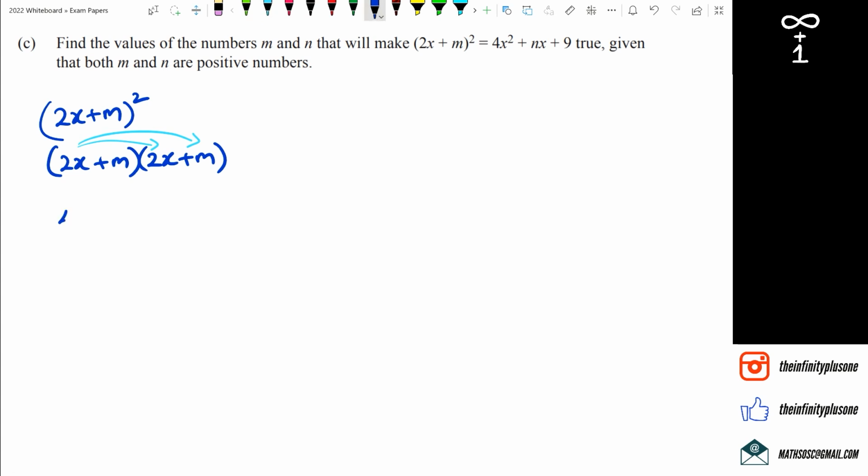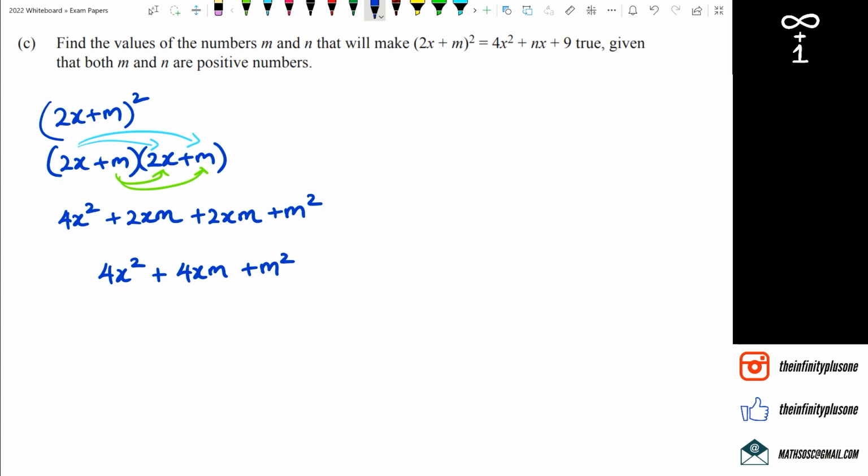We've got 2x times 2x, which is 4x². 2x times m, which is 2xm. Then the bottom part: m times 2x, which gives another 2xm, and m times m, which is m². So we simplify this and get 4x² + 4xm + m².